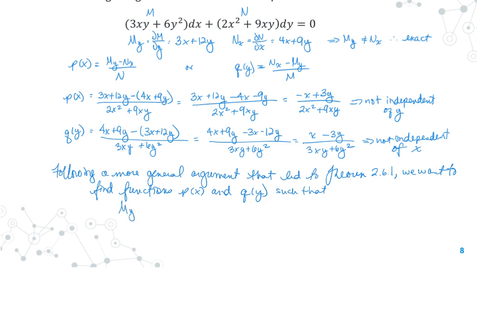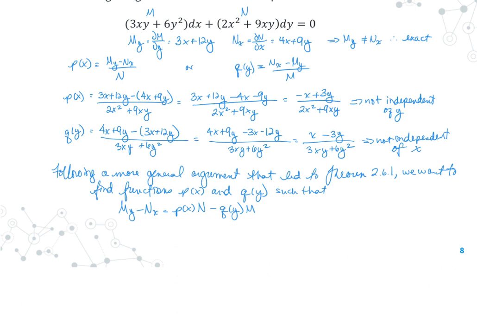such that m sub y minus n sub x now is equal to p of x times n minus q of y times m. We know what m sub y minus n sub x is, we know what n is, and we know what m is.